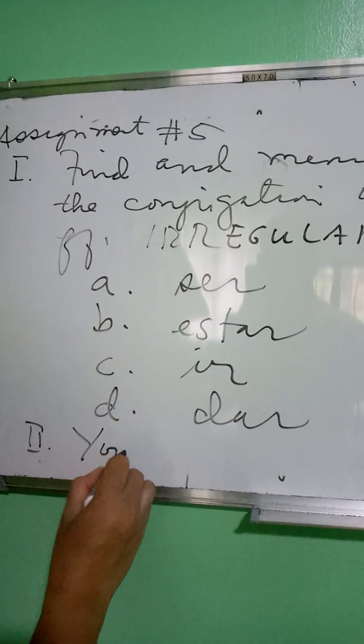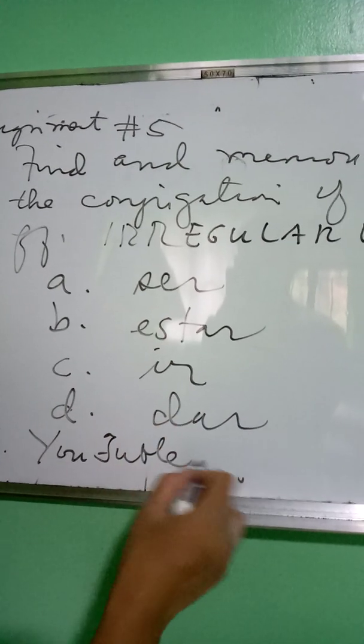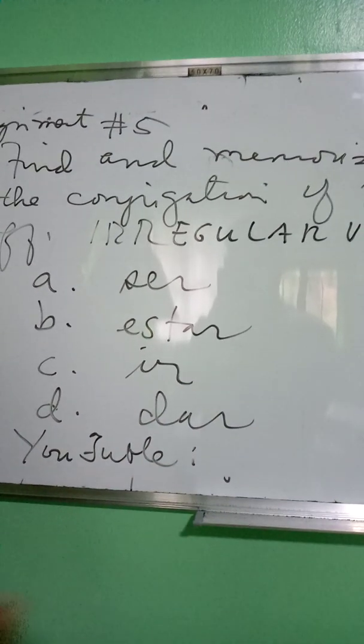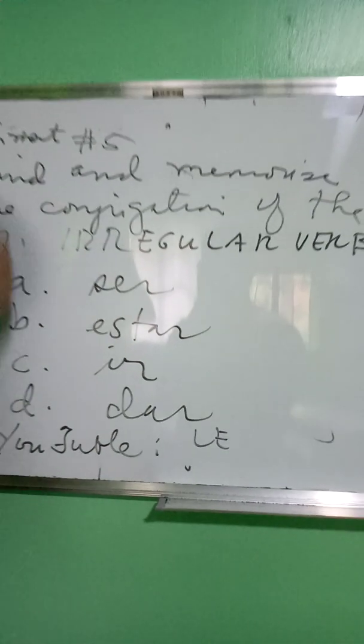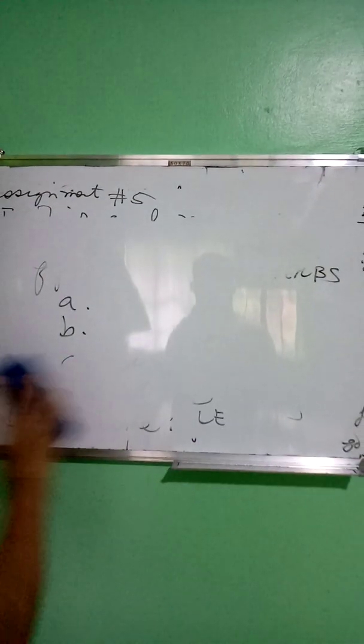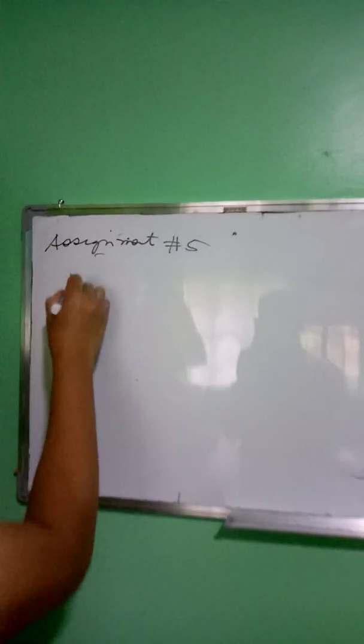Okay, for Roman numeral number 2, I'd like you to view in YouTube. You could find this in YouTube. Roman numeral number 2, which is also your assignment, would be YouTube.